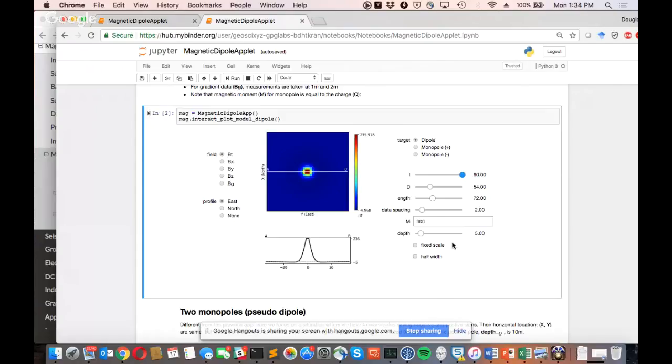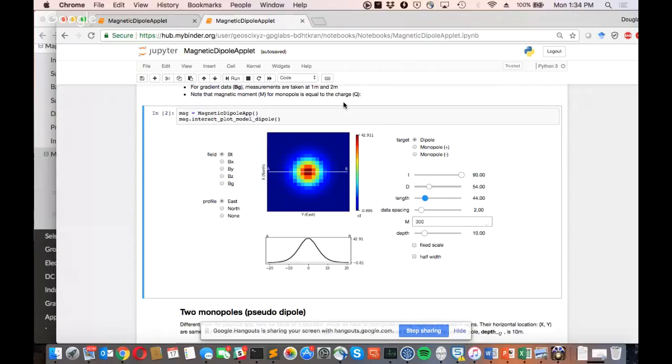Okay, so let's bury it at 10 meters. Let's just change the length a little bit. Okay, so now we're at the North Pole.